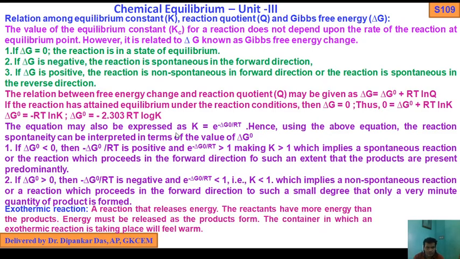The equation may also be expressed as K equals e to the power minus ΔG0 by RT, where the 0 is a superscript.